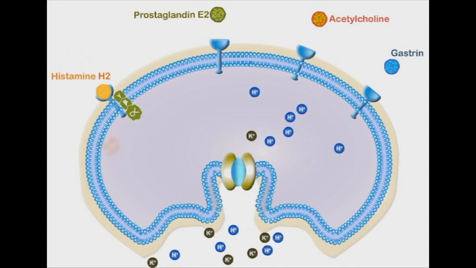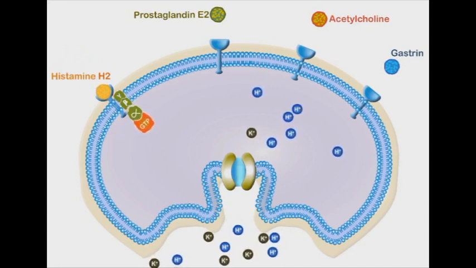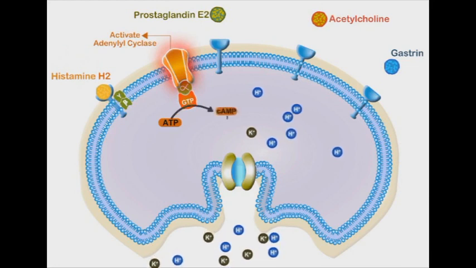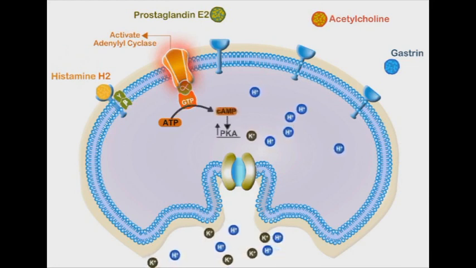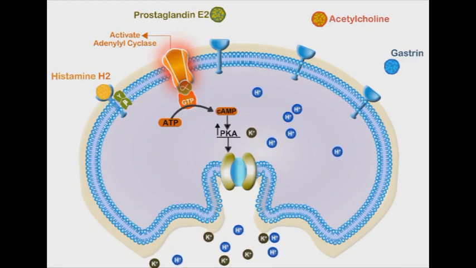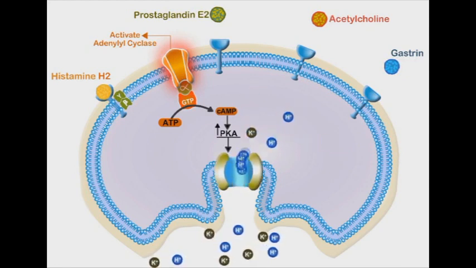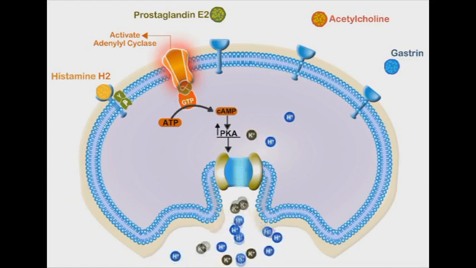Binding of histamine 2 molecules to their G-coupled receptors results in the activation of the adenylyl cyclase enzyme. The active enzyme, in turn, increases the activity of the protein kinase A enzyme, which enhances the proton pump function.